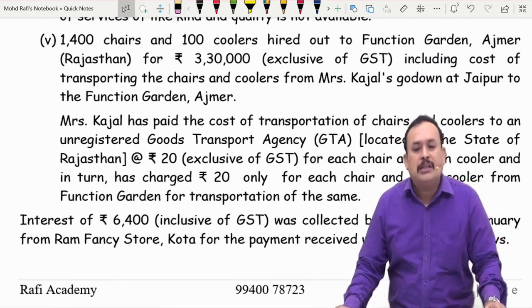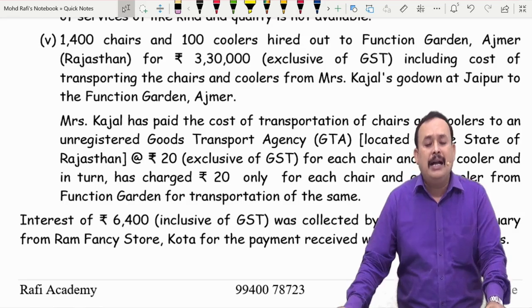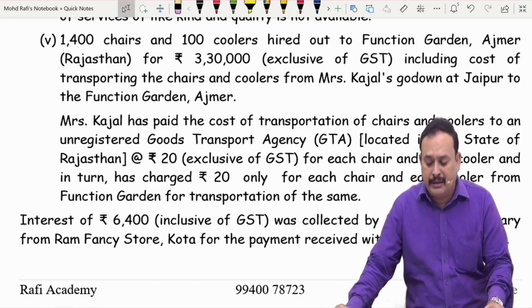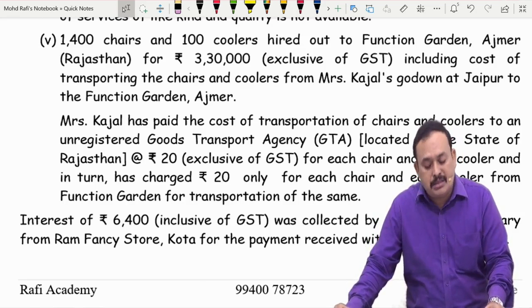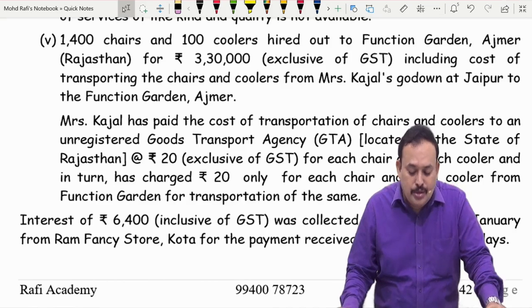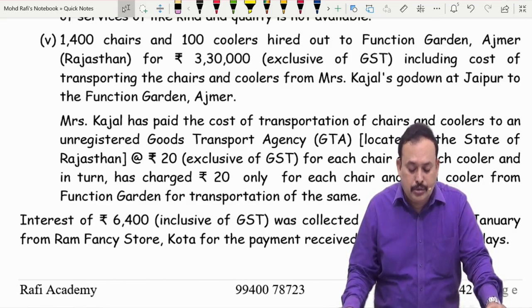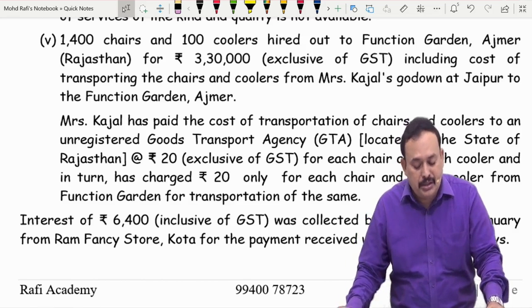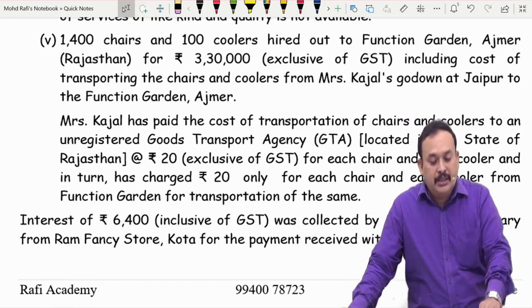5th point. 1,400 chairs and 100 coolers hired out to a function garden in Ajmer, Rajasthan for rupees 3,30,000 exclusive of GST, including cost of transportation of the chairs and coolers from Kajal's godown at Jaipur to the function garden in Ajmer.